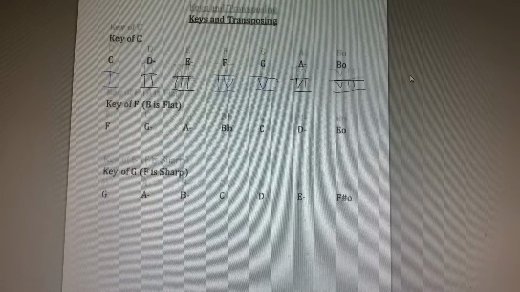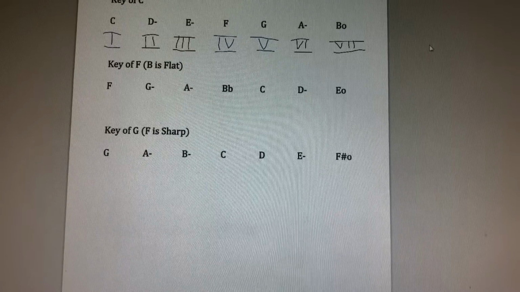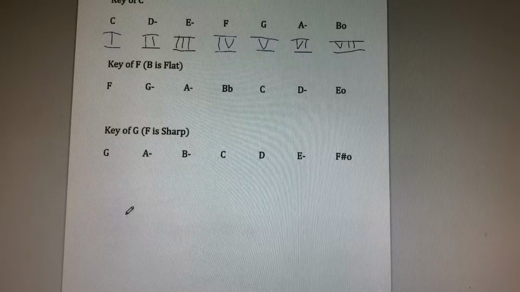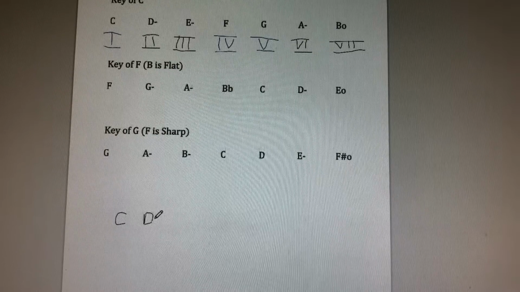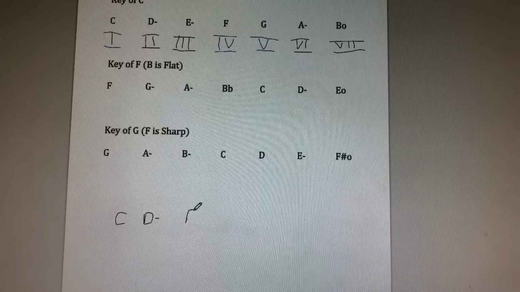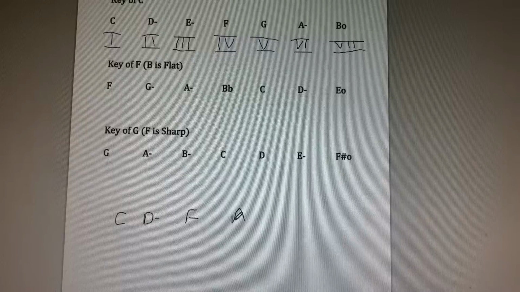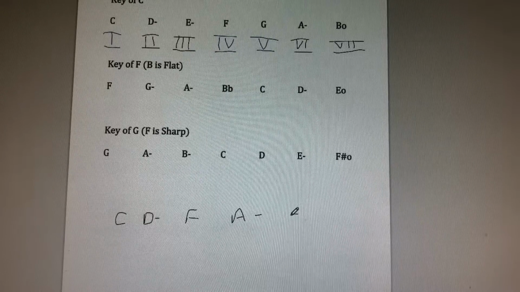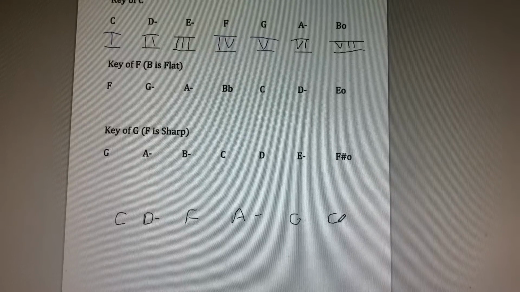Let's say I'm playing in the key of C and my chord progression is C, D minor, F, I'm just making something up here, A minor, and G. And then we go back to C. So we wrote this song, and here's our chord progression.